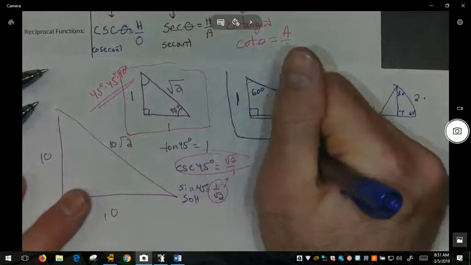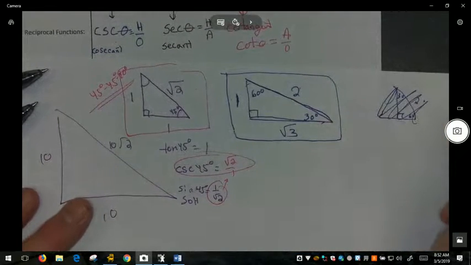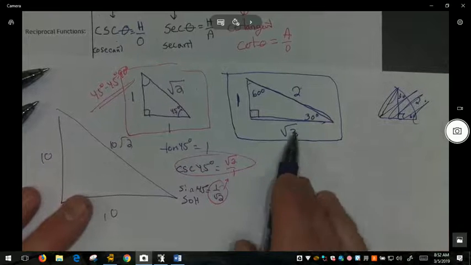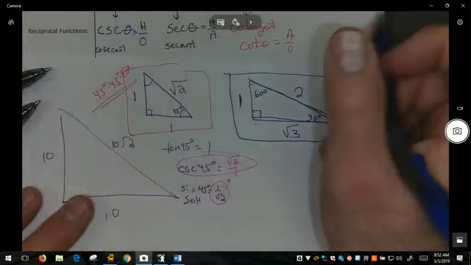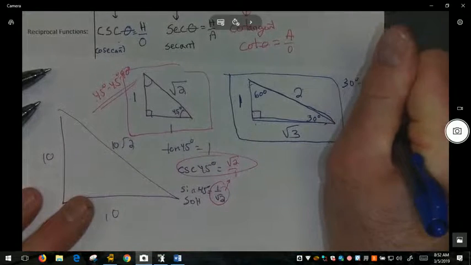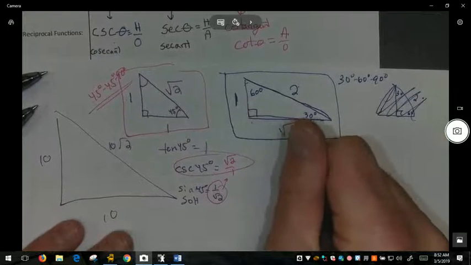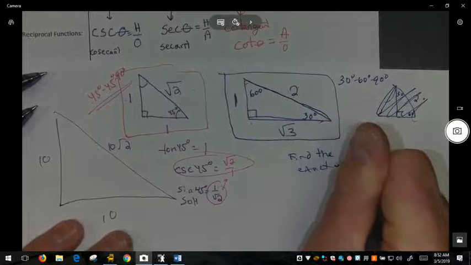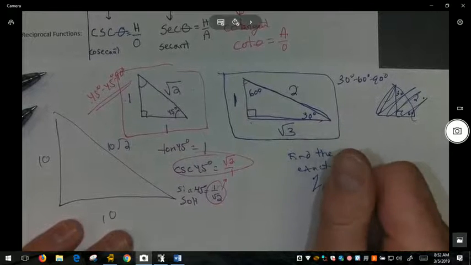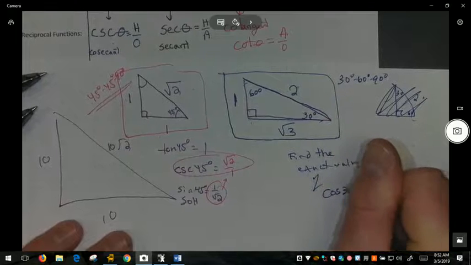You also were expected to memorize and use this triangle in lesson 5.8 of geometry to solve similar triangles that were special right triangles, 30, 60, 90, or 45, 45, 90. This will come in handy when they ask you problems like find the exact value of the cosine of 30 degrees.